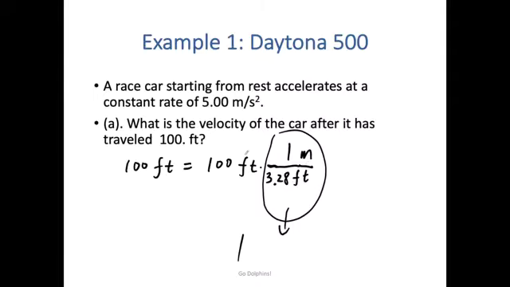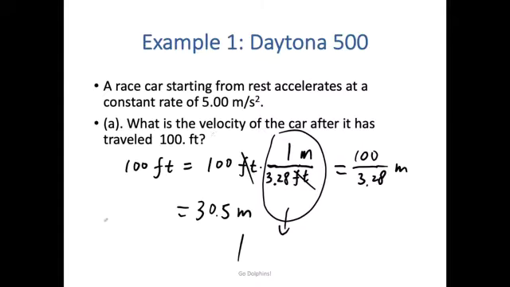So now we can do the calculation. Now we can cancel feet and feet, which gives us a few numbers to calculate. 100 over 3.28 meter, and that gives us 30.5 meters. So 100 feet is 30.5 meters.